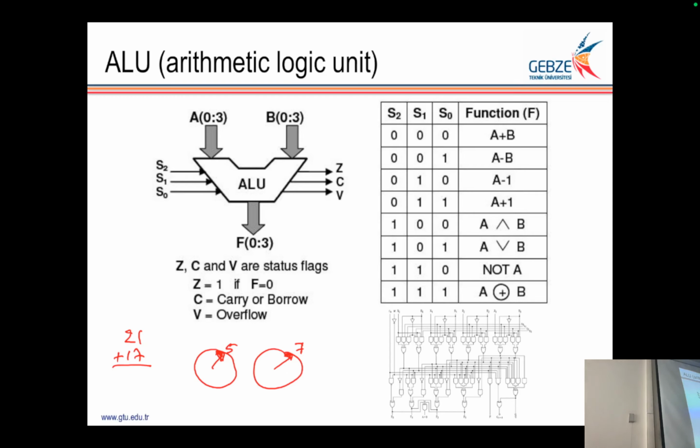Do you know kilometer clocks in older cars, non-digital cars, mechanical kilometer counters? They rotate. So if the ones in the kilometer finishes, tens is incremented by 1. If the tens reaches 9, hundreds of kilometers is incremented by 1, right?